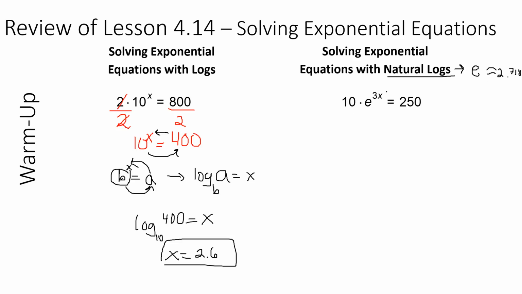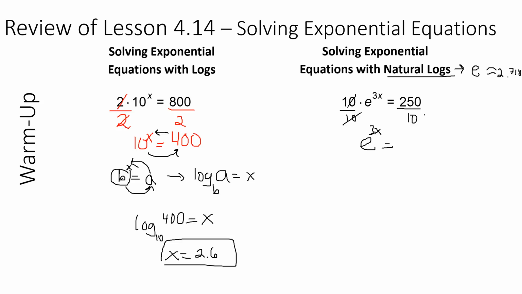Now, in order to solve this exponential equation, we need to isolate the e to the power of 3x. That means this 10 is multiplying. We get rid of 10 when it's being multiplied by division. So these 10s divide out, becoming 1. So we're left with e to the 3x power is equal to 250 divided by 10, which is equal to 25.